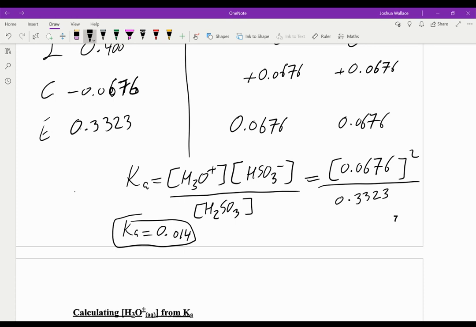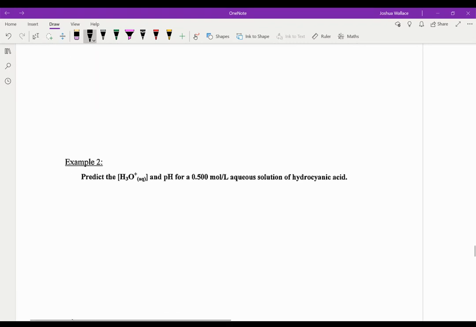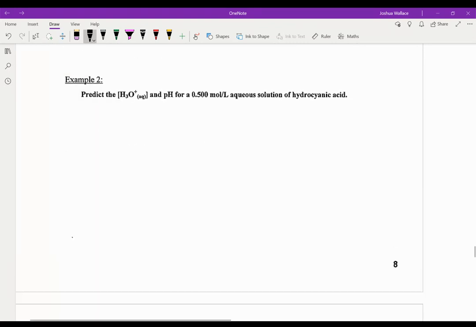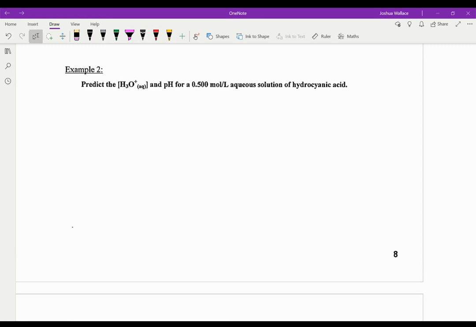We'll do one more example in this section, and we're going to do example 2 on the next page here. So it wants us to predict the H3O plus and pH for a 0.500 mole per liter aqueous solution of hydrocyanic acid.